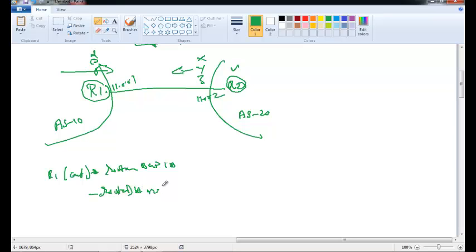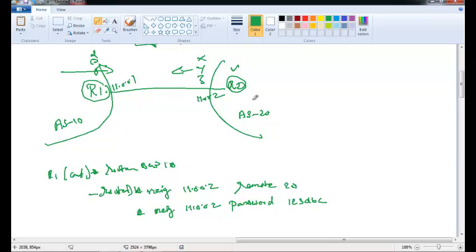We say neighbor 11.0.0.2 remote AS 20, and then we say neighbor 11.0.0.2 password. See how easy it is. You give the password 123ABC. This is the password.